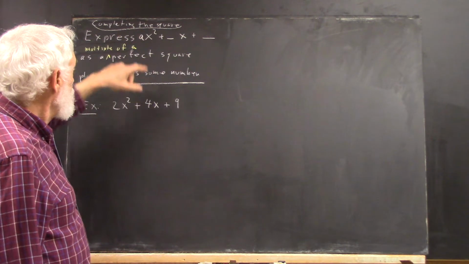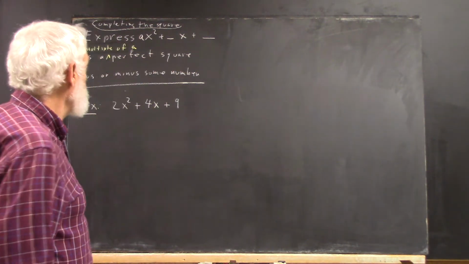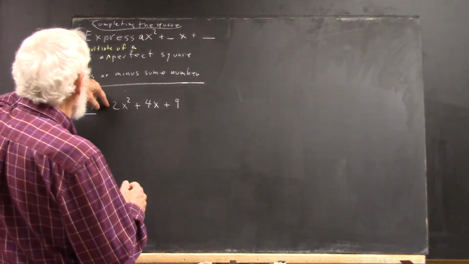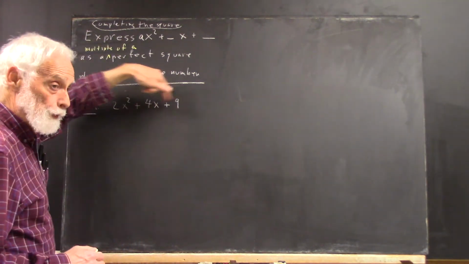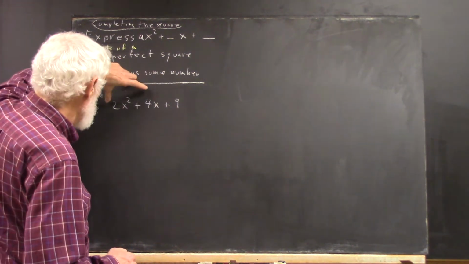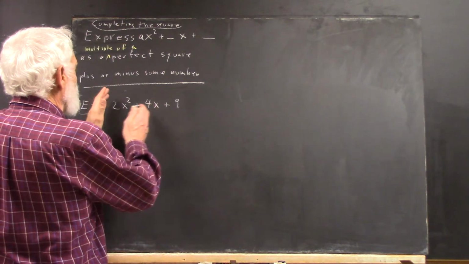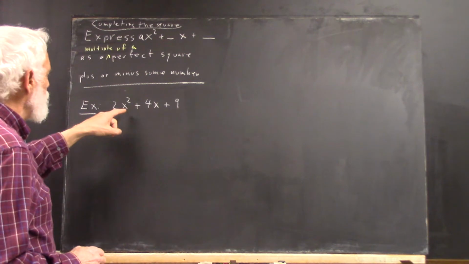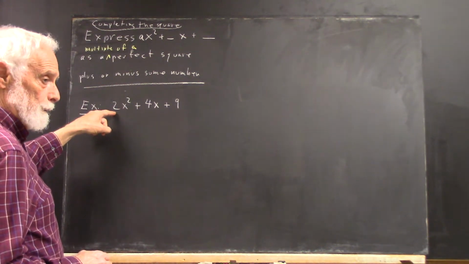Okay? So, first thing we're going to do is, well, we're going to do this example. First thing we're going to do with this example is we're going to complete the square on the x squared and x term. There's a complication. We no longer have a 1 in front of the x squared.